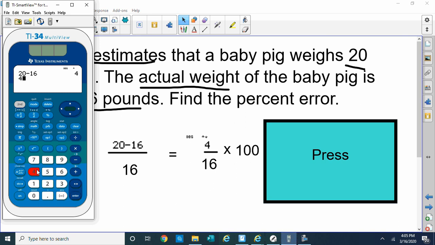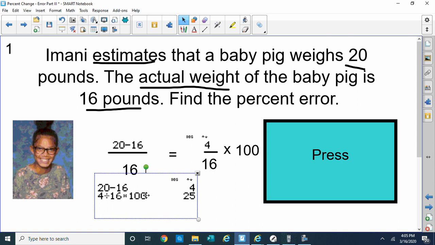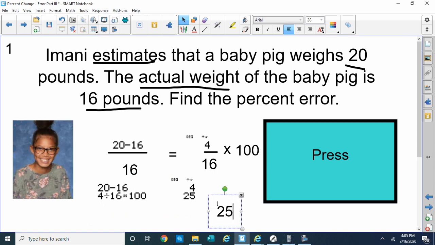So 4 divided by 16 times 100, and that'll give us our percent. And there is our percent, which is 25%. So our answer is going to be 25%. And that's the percent error.